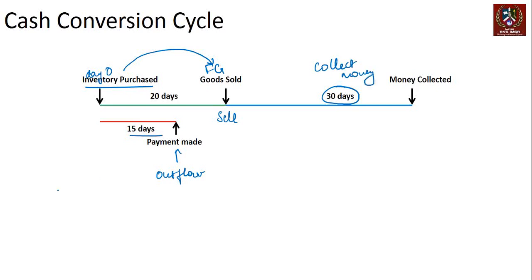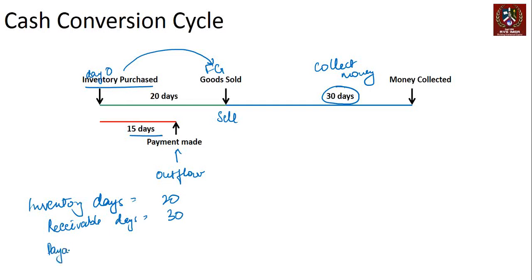So let's note down, we are saying effectively that we have calculated inventory days to be 20. We have calculated receivable days to be 30. And we have basically calculated payment in terms of payable days to be 15.